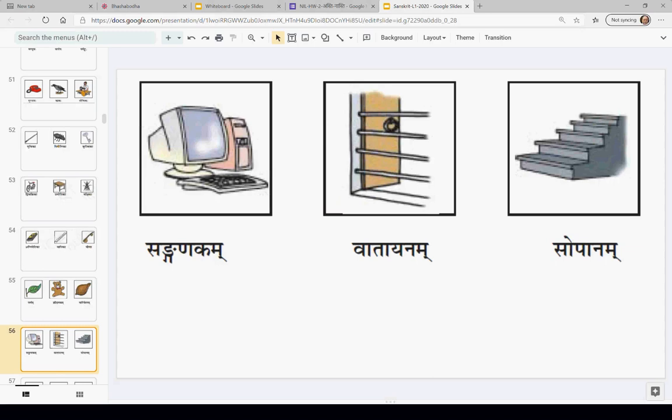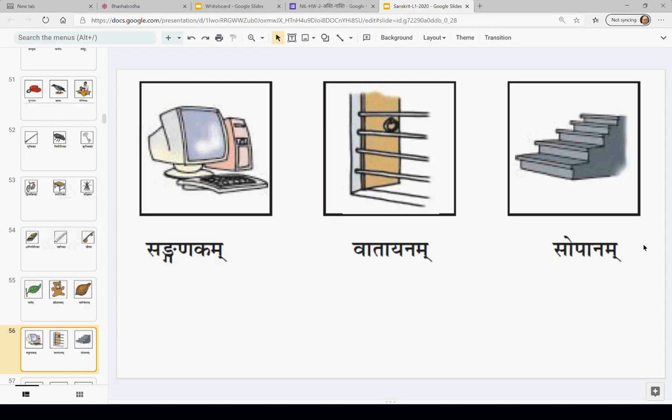Okay, next one is Suresh Mohade. I skipped some people. First person. Can you read? These three words, right? Sanganakam, it means a computer.